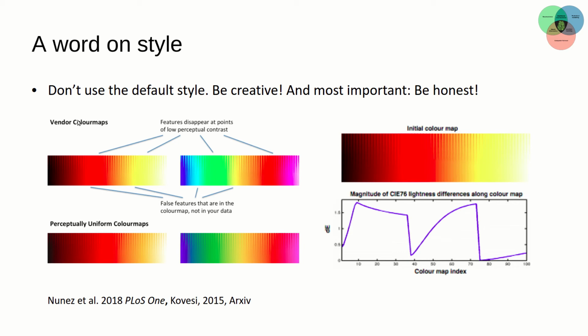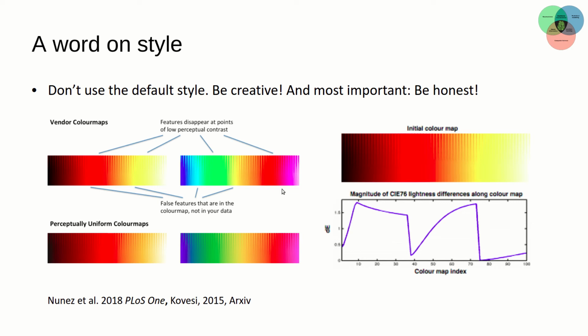For example, some color maps, such as these rainbow color maps, have ranges where features disappear based on the low sense of contrast between the colors. And it can also happen that false features that are not in the data are just introduced into the data, seemingly, by these colors.